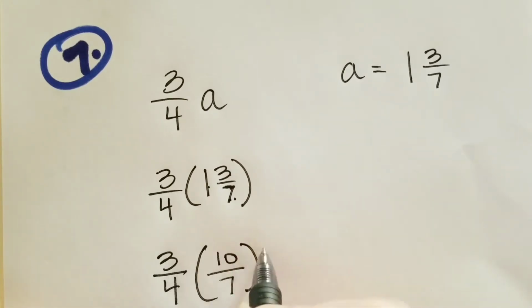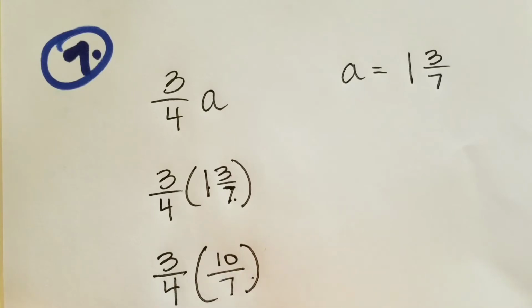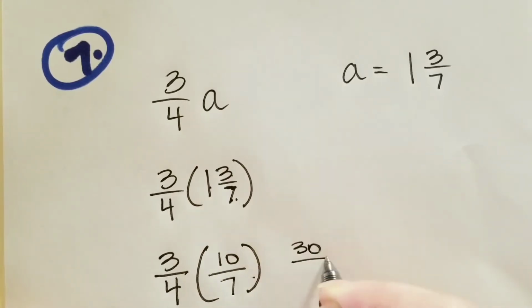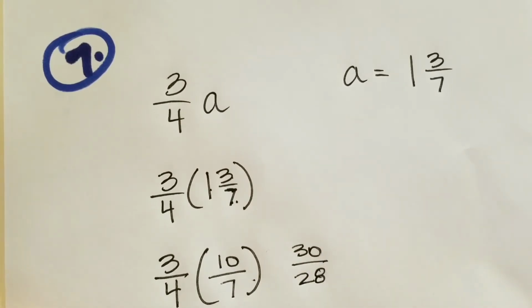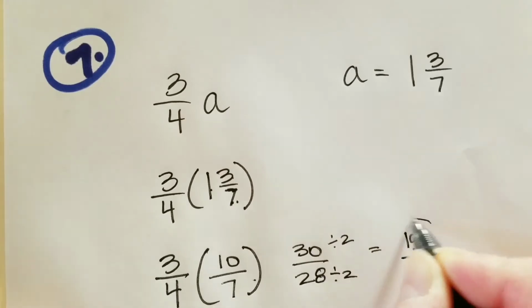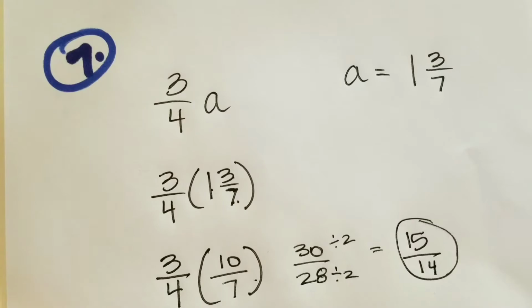So we'll just go ahead and multiply across since we can't cross cancel. 3 times 10 is 30. 4 times 7 is 28. Looks like both of these numbers are even numbers, so we know that they both can be divided by 2. And 30 divided by 2 is 15. 28 divided by 2 is 14. So our answer is 15/14.